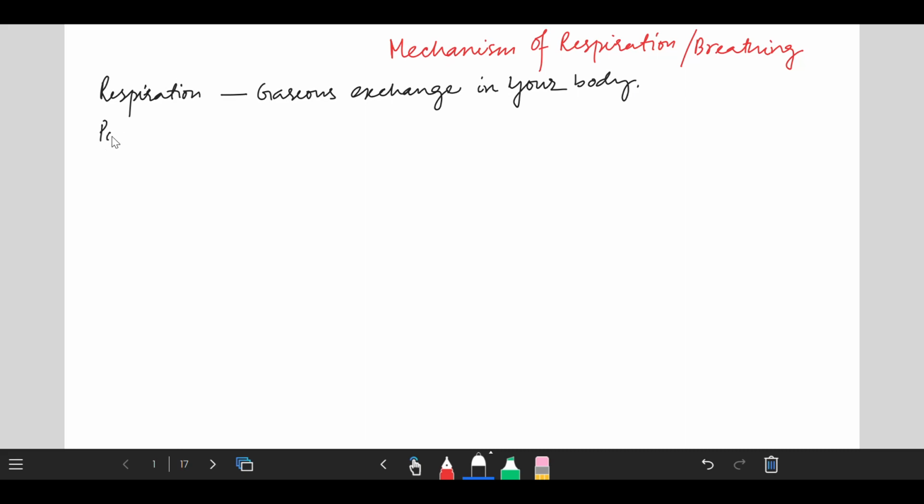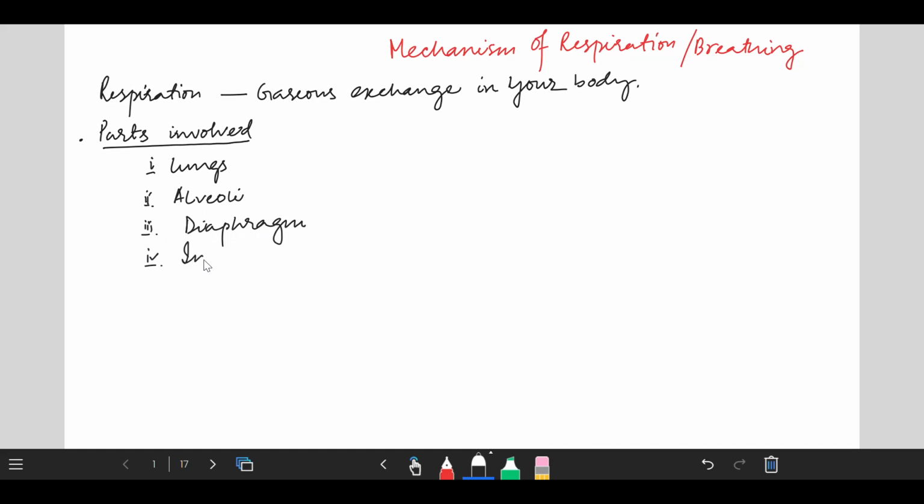Now, what are the parts of our body involved in the respiration process? First one is lungs. Second one is alveoli. Third one is diaphragm. Fourth one is intercostal muscle.